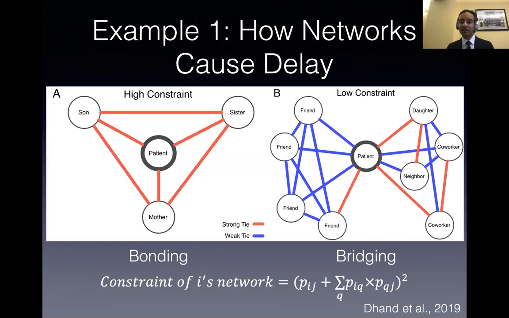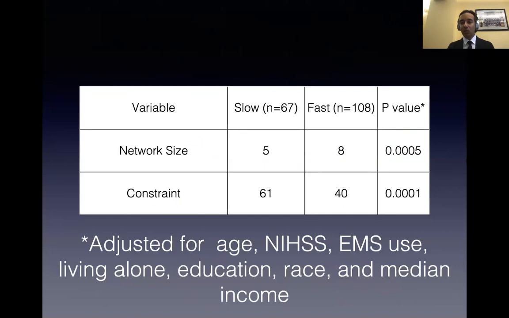And so that creates a low constraint system. And what we found quantitatively was that network size was markedly different in slow arrivers versus fast arrivers, and that it was directly proportional to arriving quickly, so that patients with large networks were more likely to arrive quickly.